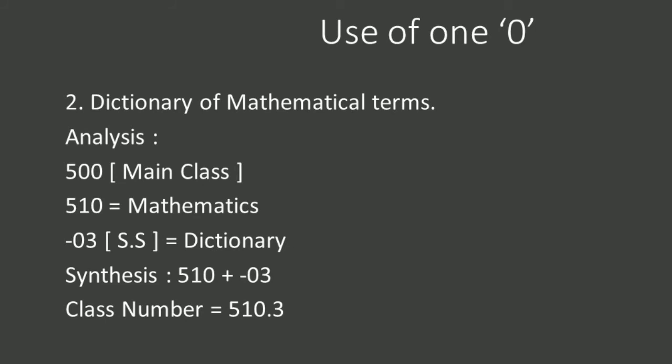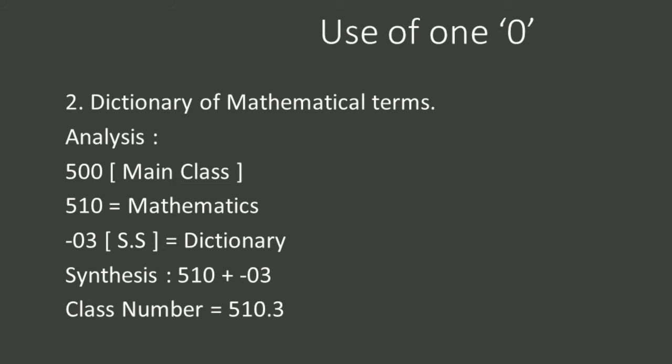But in this case the subdivision of the main class ends with a single 0. I have told it earlier, if the main class or the subdivision of the main class ends with 0 or zeros, 0 meaning 1 zero and zeros meaning 2 zeros, and after that we have to use the notation of standard subdivision, we have to remove the 0 from the main class or from the subdivision of the main class.